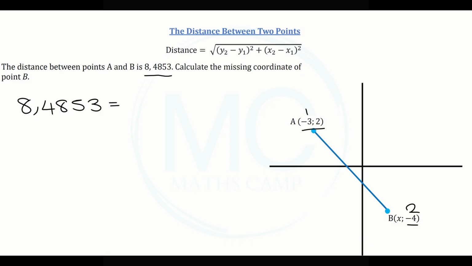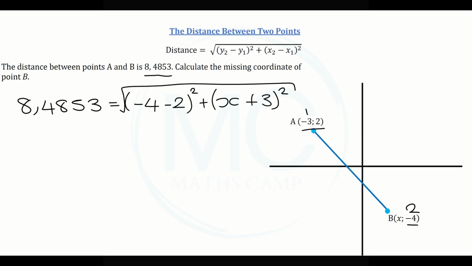So now we open a bracket and we say the y coordinate of B, -4, minus the y coordinate of A, so we say -2, close the bracket, squared, plus the x coordinate of B, which is simply x, minus the x coordinates of A, -3. So we say minus -3, we get +3 squared. And we put all of this under a square root.